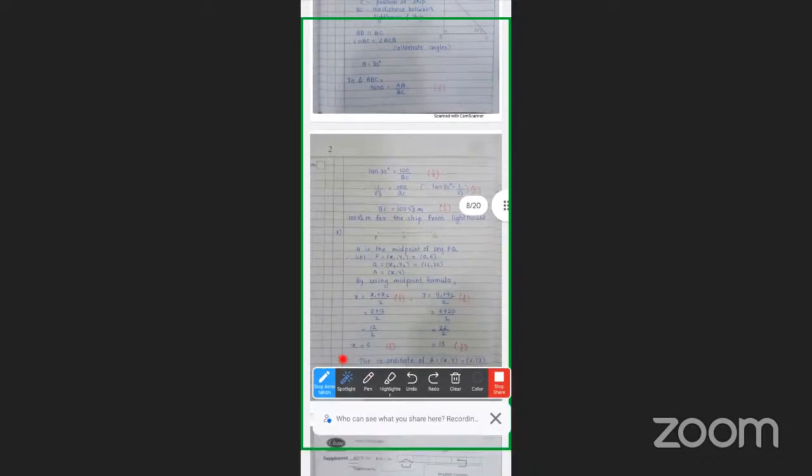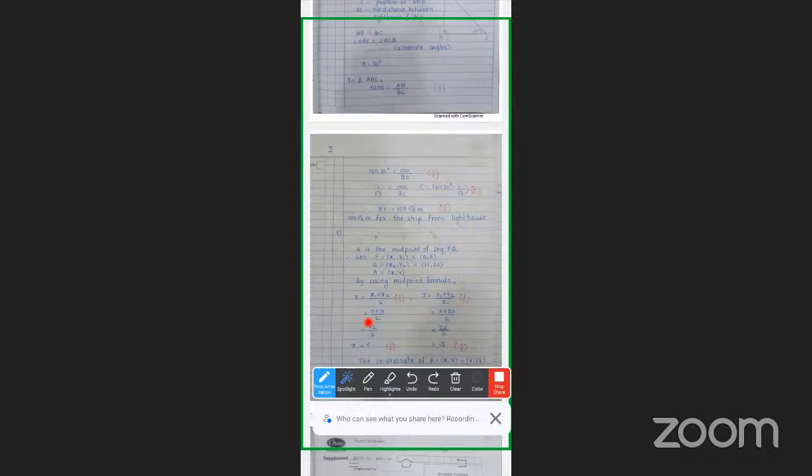What is the midpoint formula? Focus here. X is equal to (x1 plus x2) upon 2. Y is equal to (y1 plus y2) upon 2. So here P is considered as (x1, y1), Q as (x2, y2). Put the given values. x1 is replaced by 0, x2 by 12, upon 2.